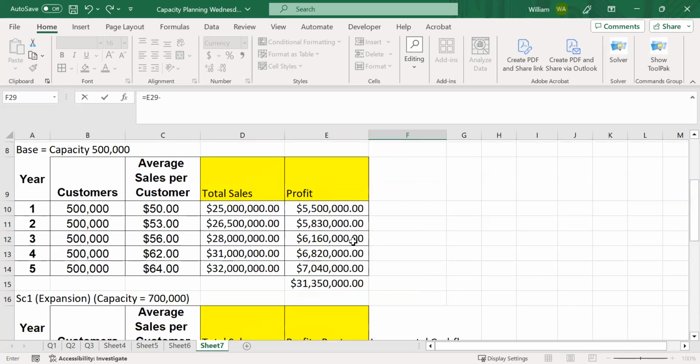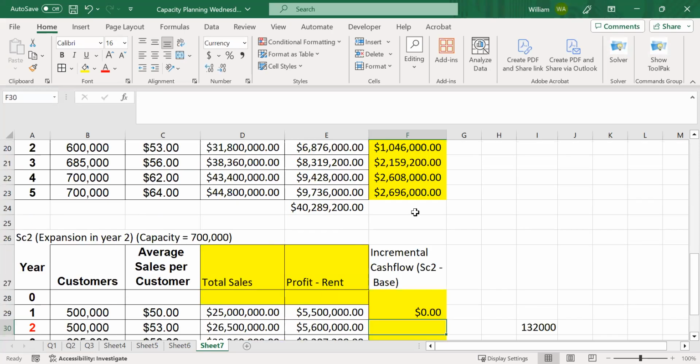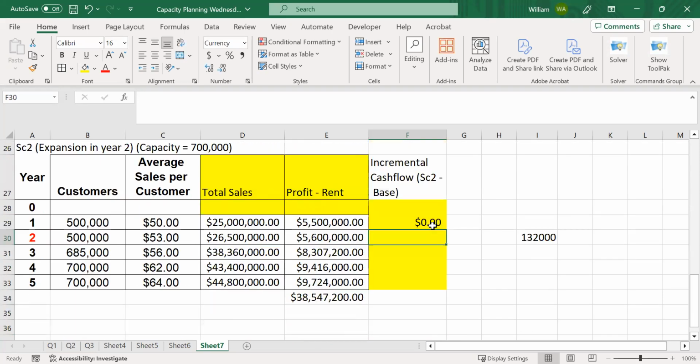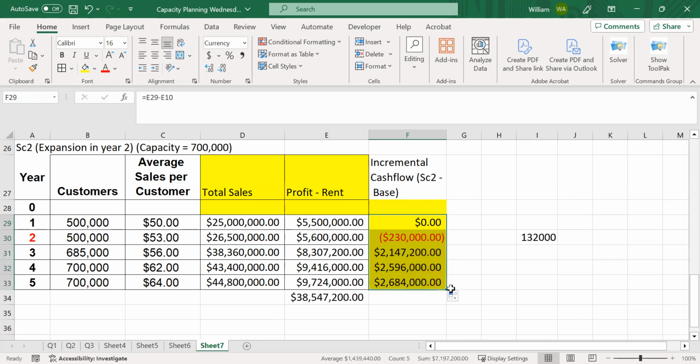The base amount of profit was 5.5 million. There's no incremental cash flow in my situation here. In year two, that's when we paid to have the expansion. So my incremental cash flow there is the cost of that expansion. And I can drag this down for the rest of the years that we have here. And these are the numbers that should answer my question on the Pearson website.